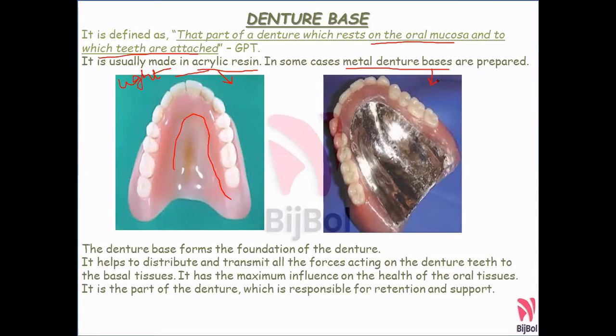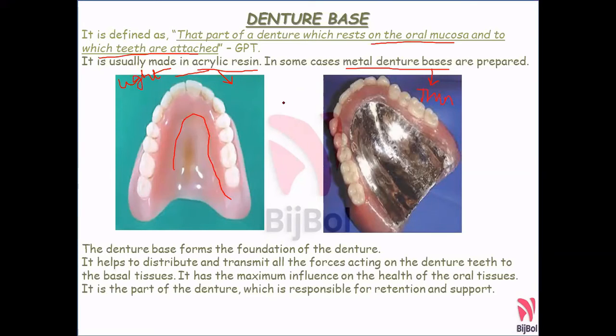Another advantage, in terms of strength only, you can frame another sentence for both acrylic and metal denture bases. Anyone? Yeah. So basically, the metal denture bases can be made very thin. When they are made very thin, the patient won't have a feeling that something is kept in his mouth.